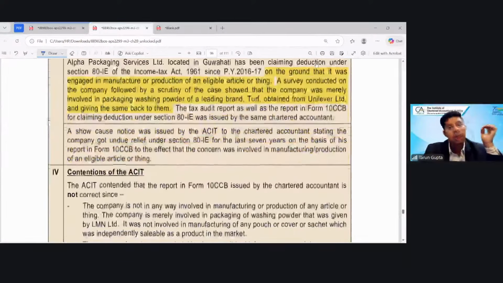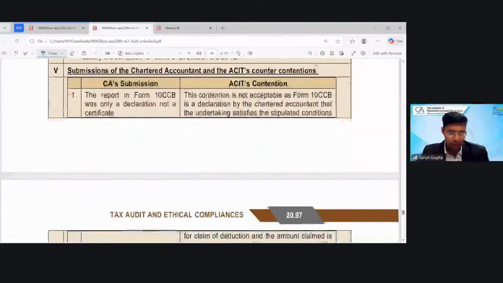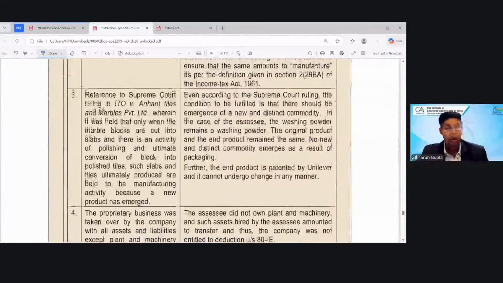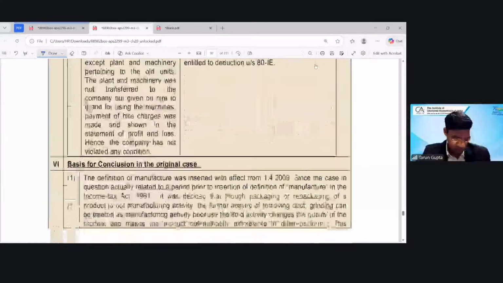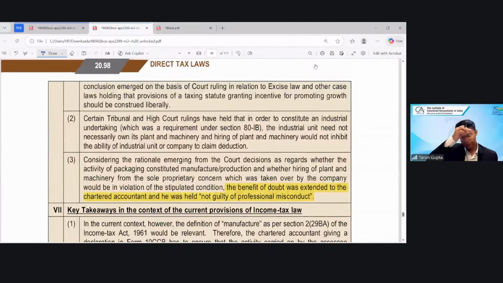But the term manufacture is a litigative term with a lot of meaning, and there are a lot of judicial decisions interpreting it. Therefore the CA was given the benefit of doubt, and he was held not guilty.